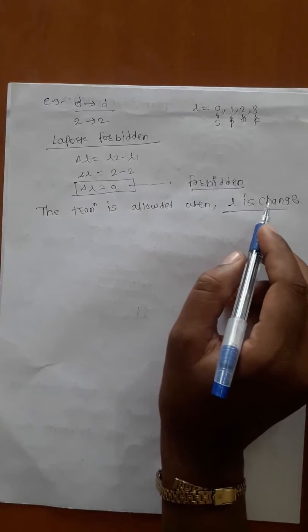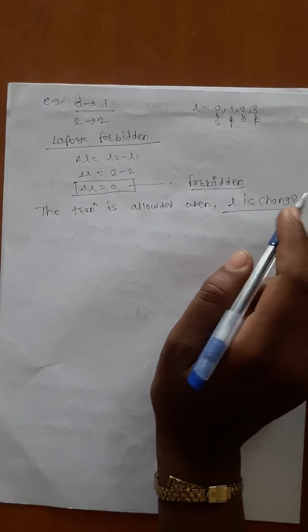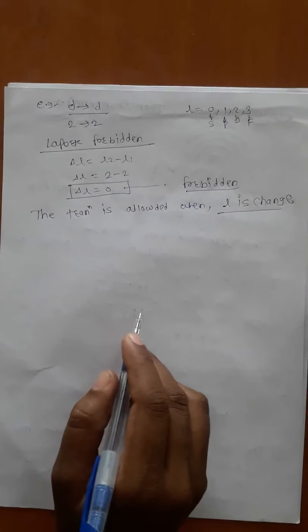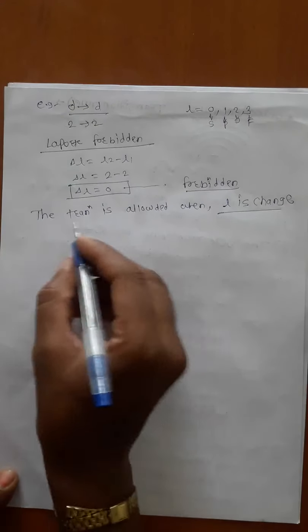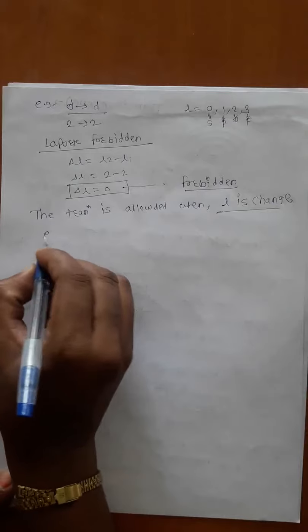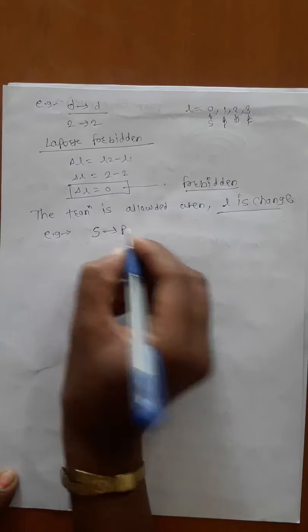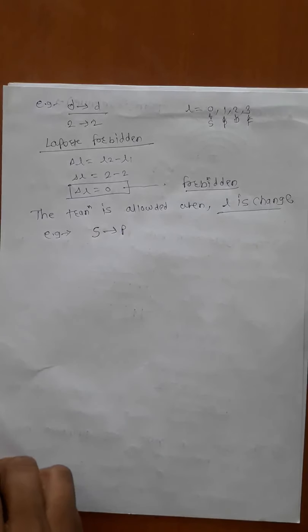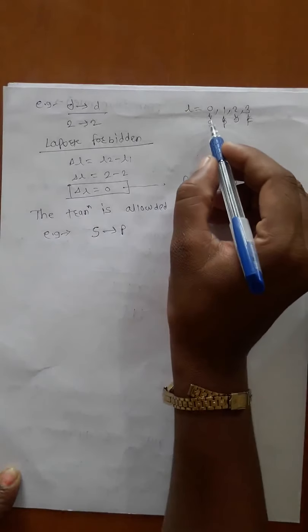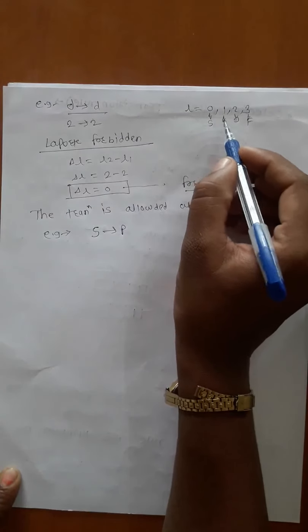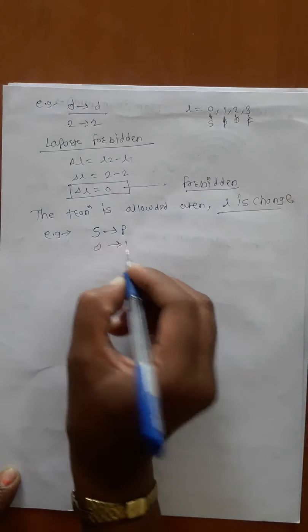As an example, the transition is allowed when the electron moves from the S state to the P state. In an S state L is equal to 0 and in a P state L is equal to 1, so the transition is 0 to 1.